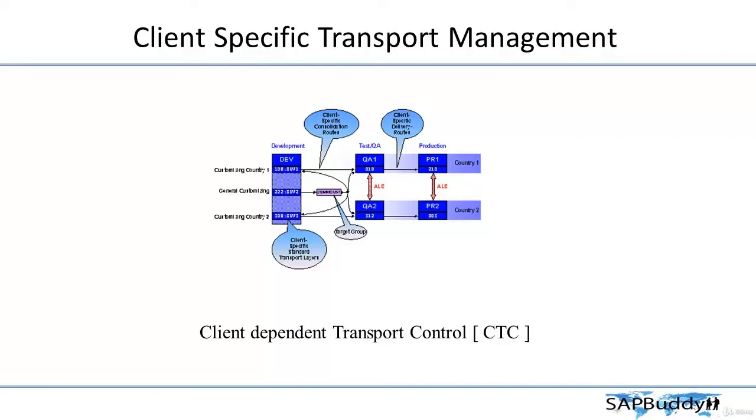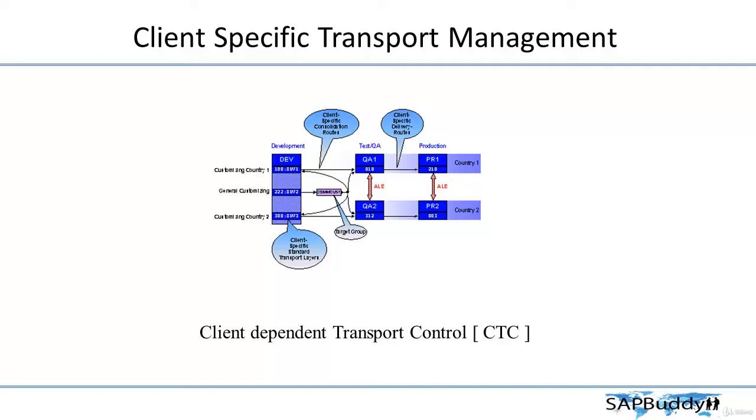Using this method, you can specify a client specific consolidation route. You can also specify a client specific delivery route. You can also specify a client specific target group.